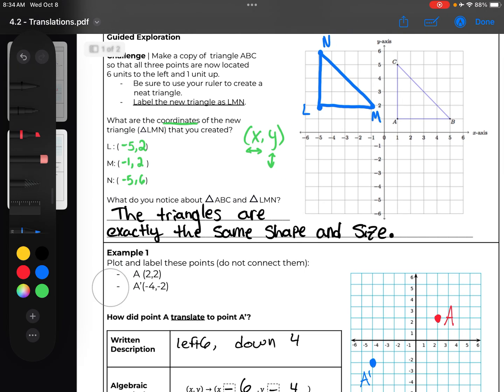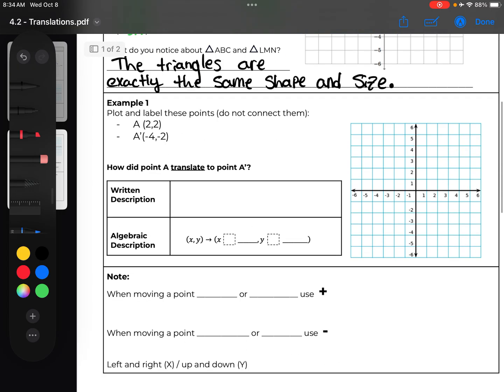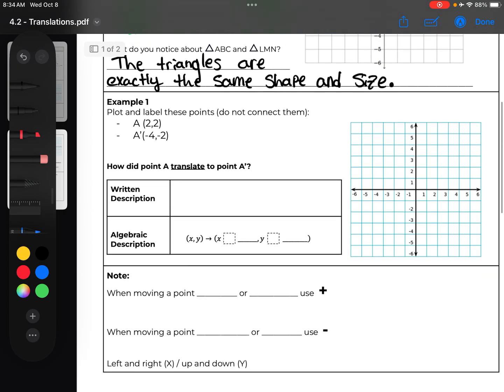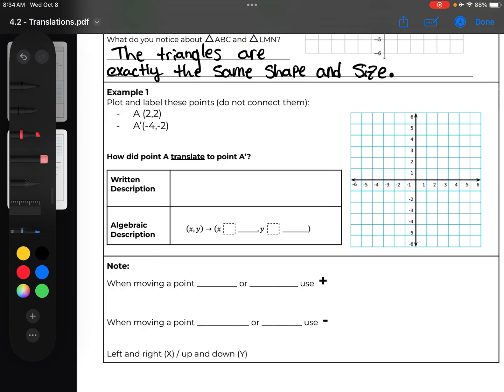All right, we're going to go on to example 1 here. It looks like it's already filled in, so I need to erase that for us so we can actually do this together. I want you to plot and label these points, so pause the video really quick. Plot and label the 2 points, A and A prime.